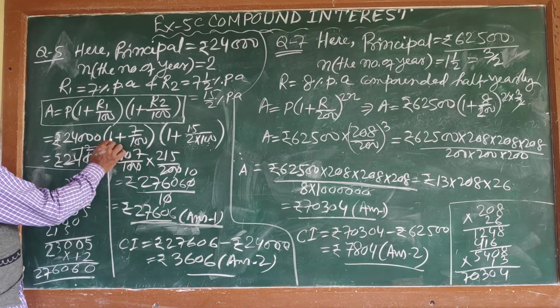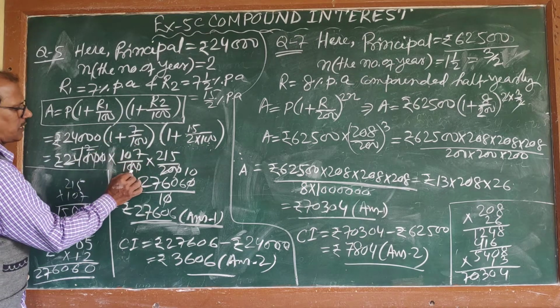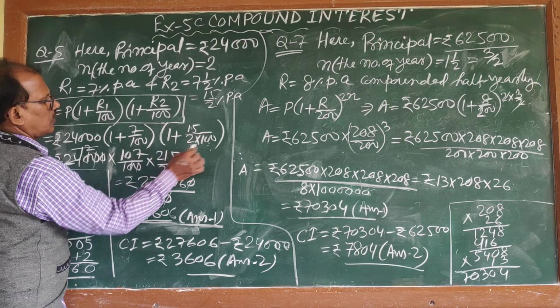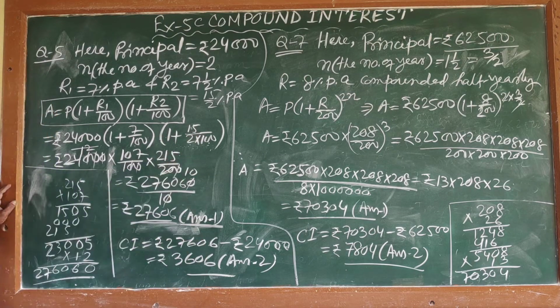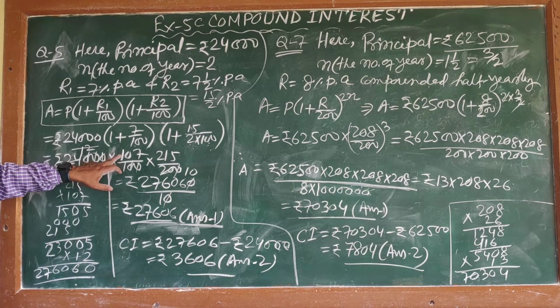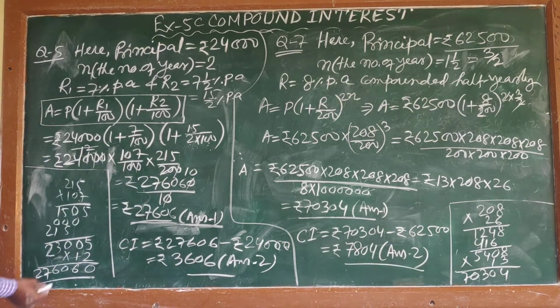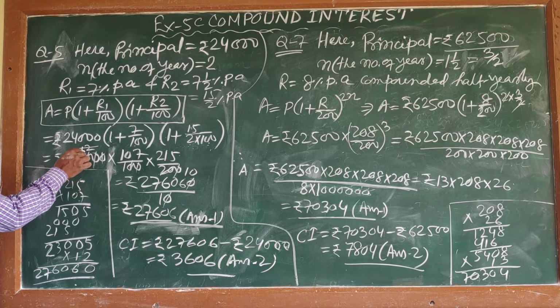So definitely 1 plus 7 by 100 will become 107 by 100, and 1 plus 15 by 200 will become 215 by 200. So 24,000 into 107 by 100 into 215 by 200. If you simplify, you cancel zeros and it will go with 2 also, then it will become 12.